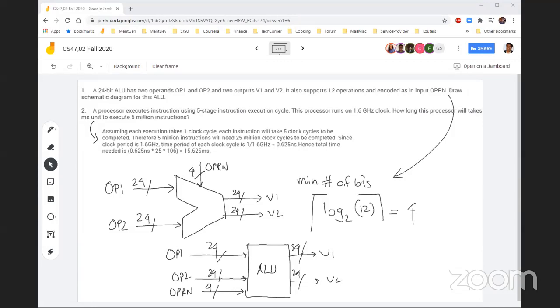Got it, thank you. Is there any difference between the two diagrams? Is there one that's preferred? Not really, it's up to your choice. Okay, all right, thank you.